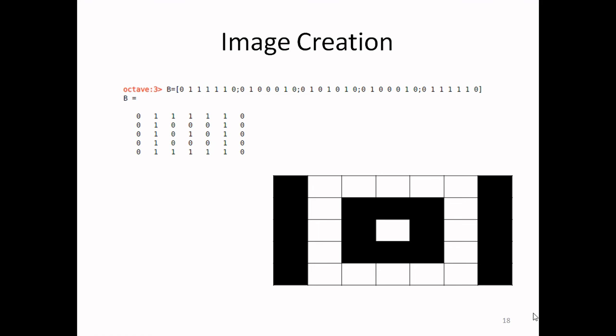We are going to create an image, and the image will be like this, as you can see on your screens: we have these two black lines on the sides, and we have this black square in the center.